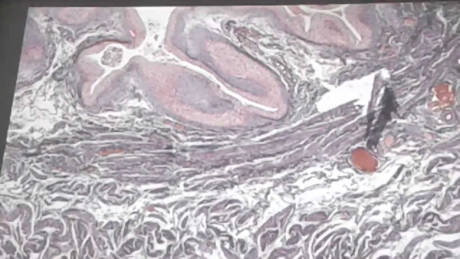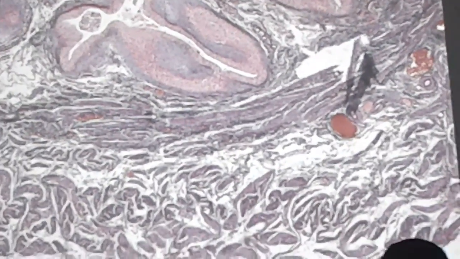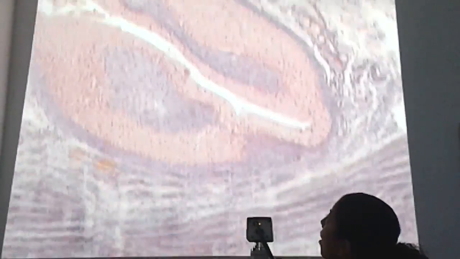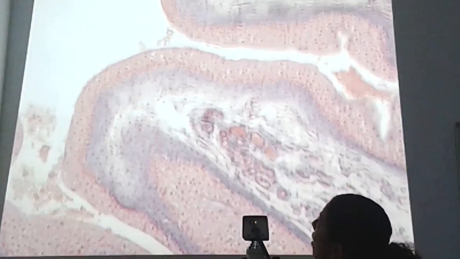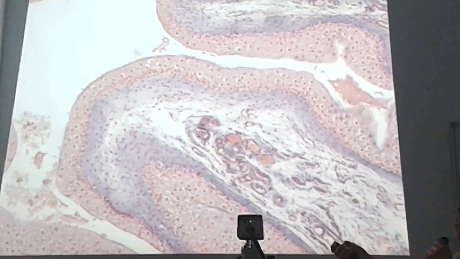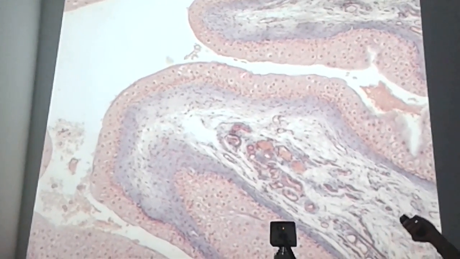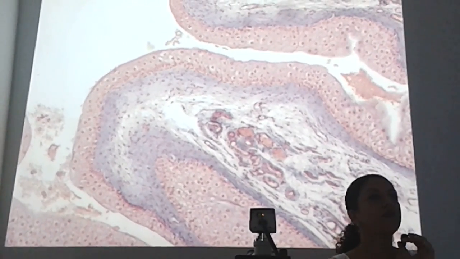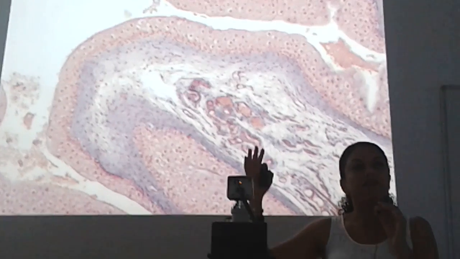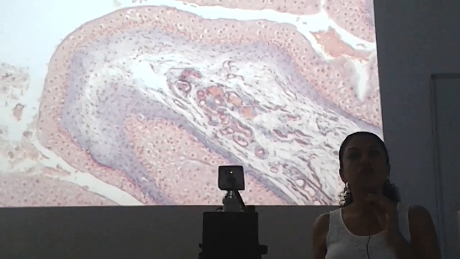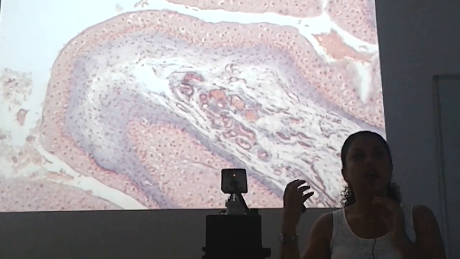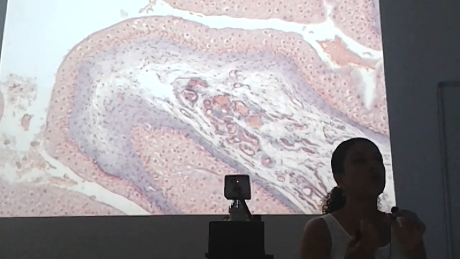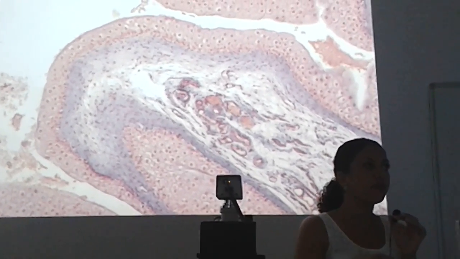I would like you to focus on this part. So I'm going to magnify the image. Yes, like this. So this is the epithelium of the urinary bladder. And this epithelium is transitional epithelium because transitional epithelium occurs in the urinary tract, which means these organs can be filled with urine or can be empty.